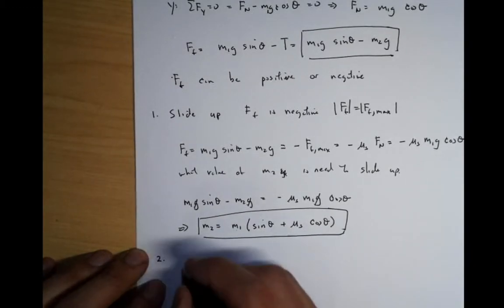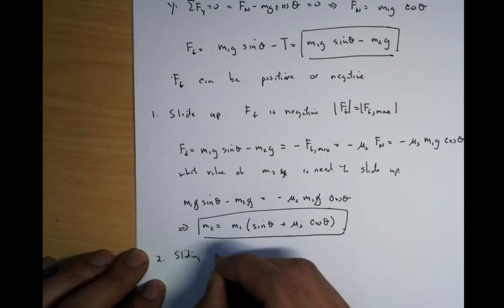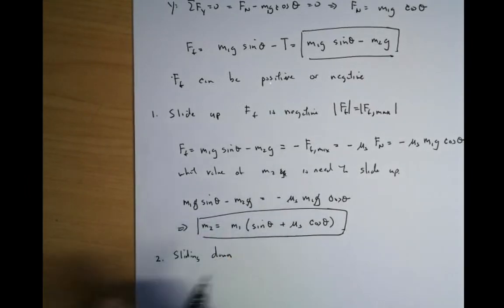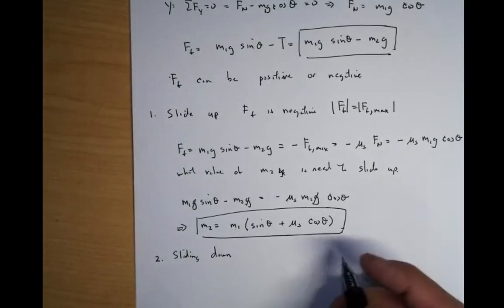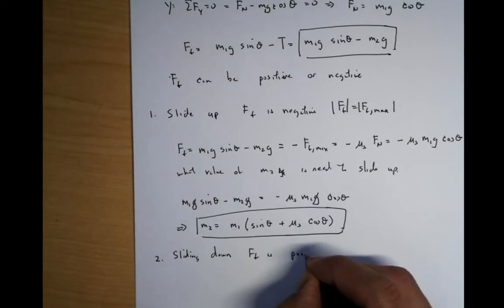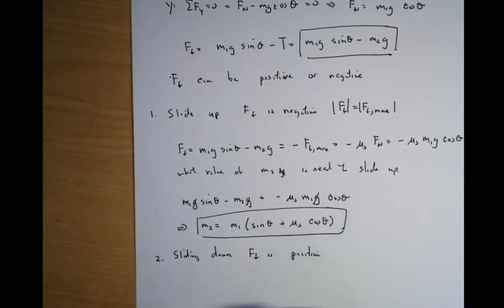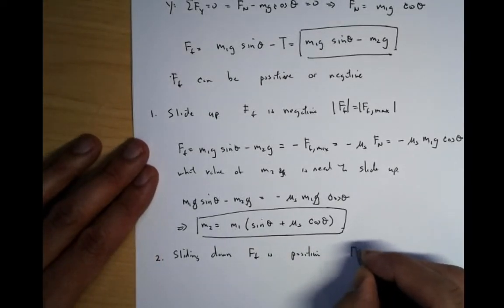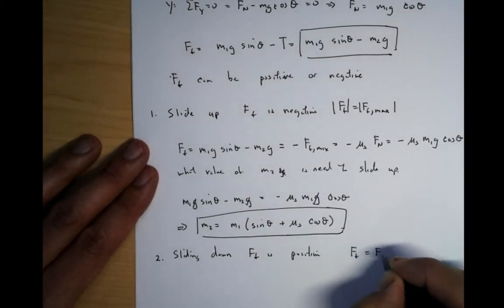Now experiment 2, let's go sliding it down. Right. Now in this case, let's suppose we want f of f to be positive, right? And we need f of f to be equal to f of f max now. All right?